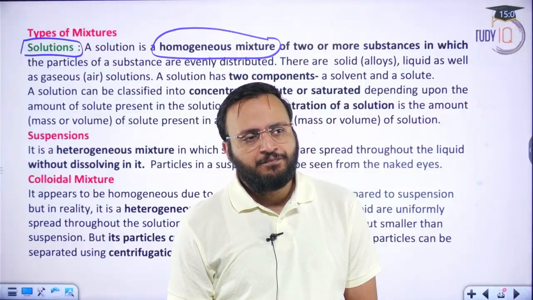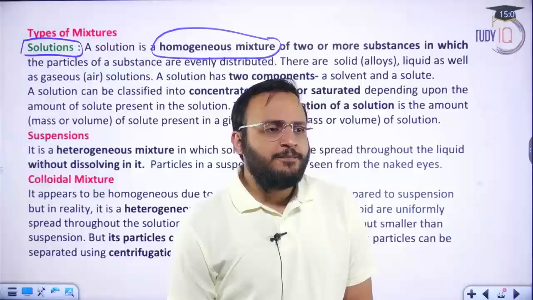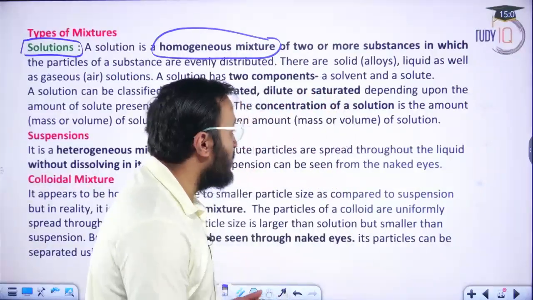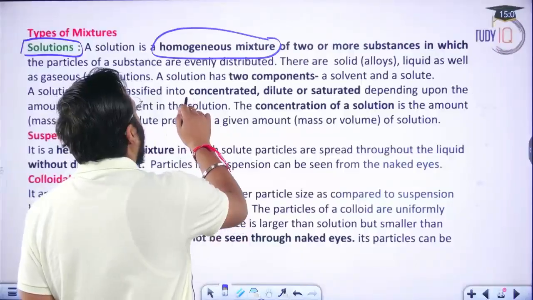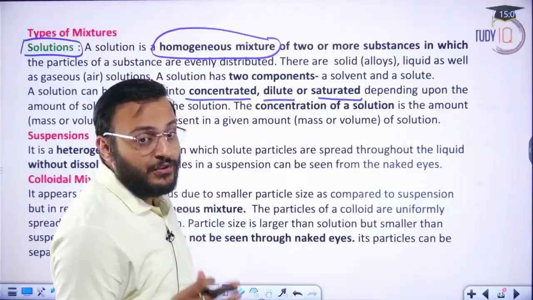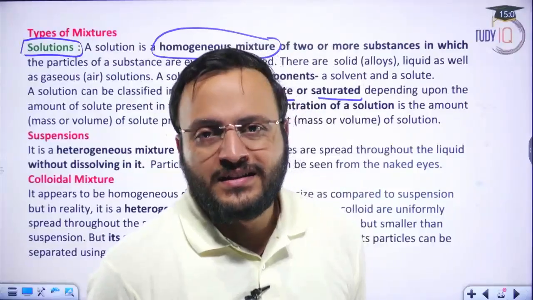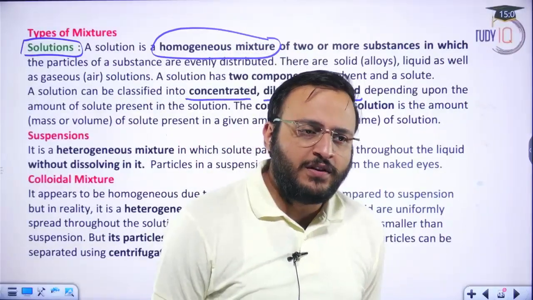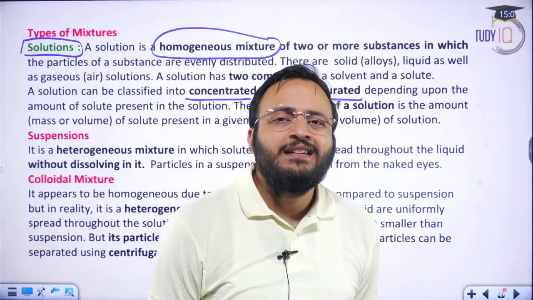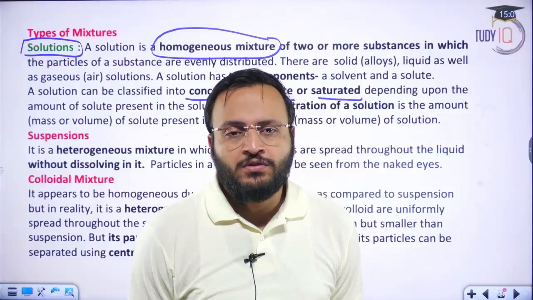After that, if we talk about the different categories of solutions, guys, they could be concentrated, dilute, or saturated. Three different names are there. Concentrated means the solute is high in percentage compared to the regular solution.